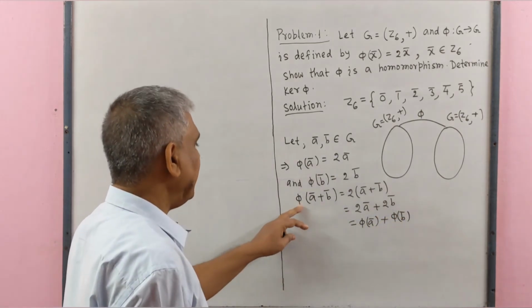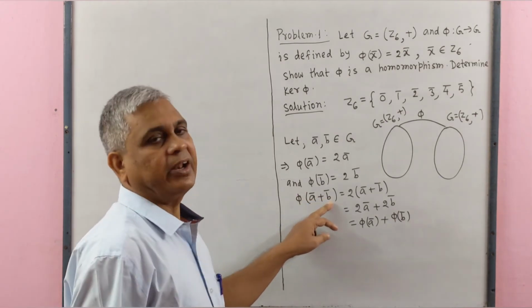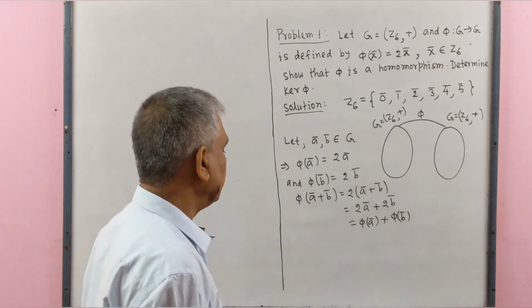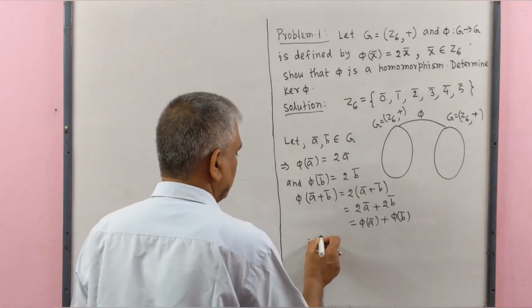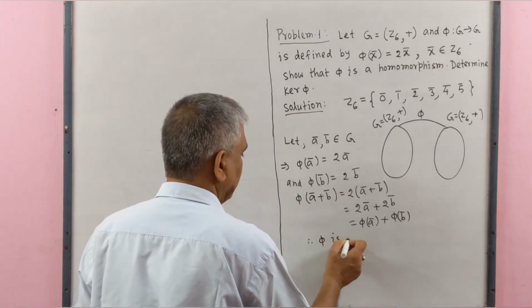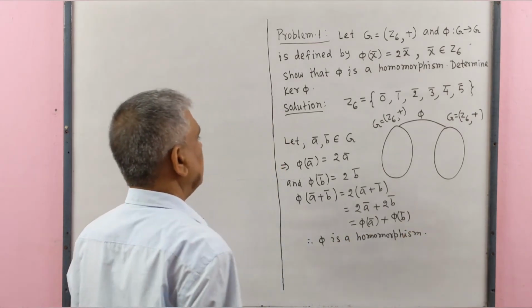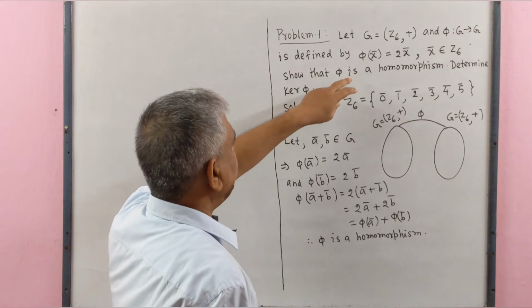Therefore phi of A bar plus B bar equals phi A bar plus phi B bar. Therefore phi is a homomorphism. Therefore the first part is proved.